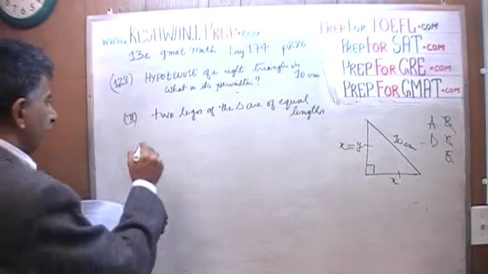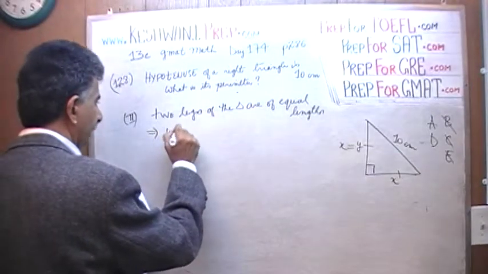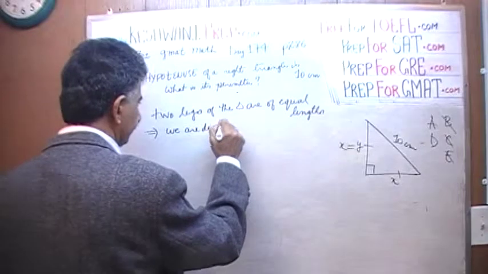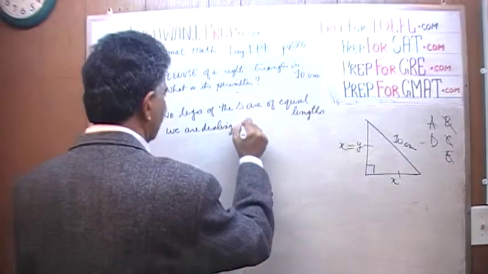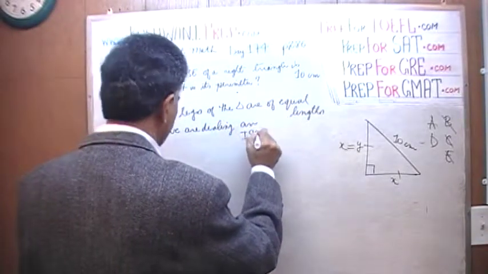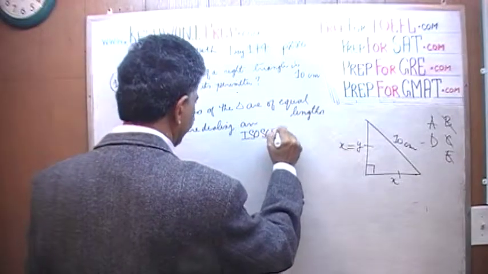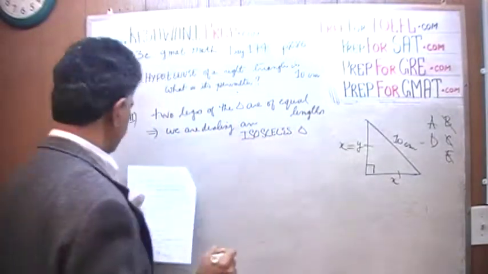In other words, this implies that we are dealing with an isosceles triangle.